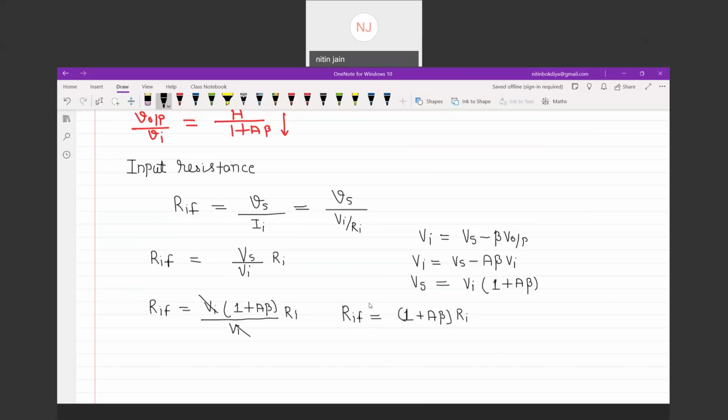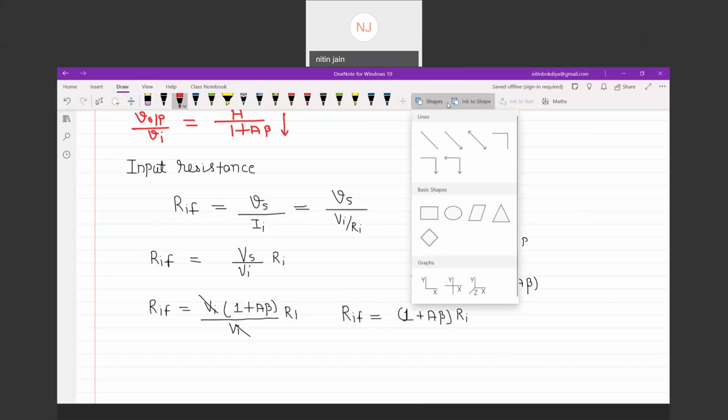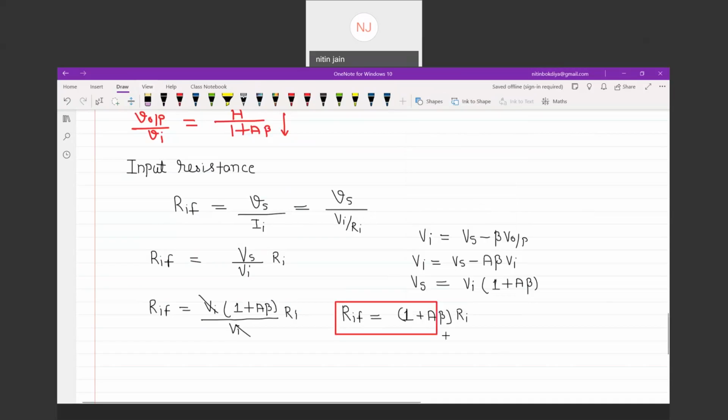हम चाहते थे कि input resistance must be as high as possible. और जैसे ही हमने क्या देखा कि when you are having feedback, the input resistance is increased by this factor. है ना? जो भी बढ़ेगा वो किससे increase करेगा? 1 plus A beta से increase करेगा. So you are having higher input resistance now in comparison to open loop.